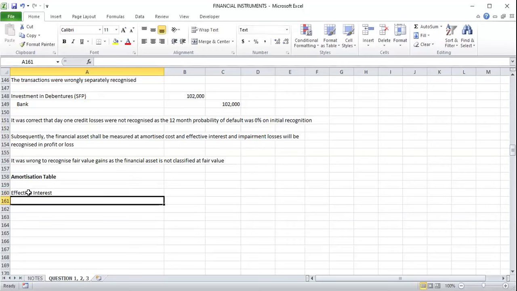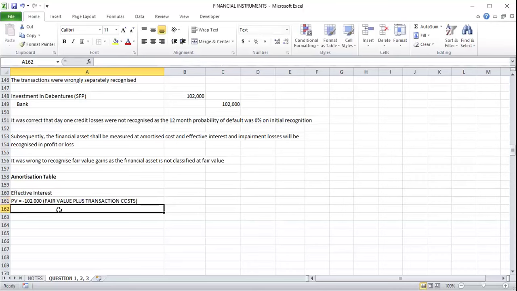Our PV is equal to negative 102,000. Remember, when we are classifying it at amortized cost, our PV is fair value plus transaction cost. Let me just remind you so that we are along. Right.